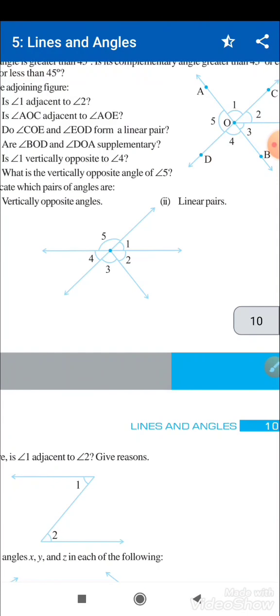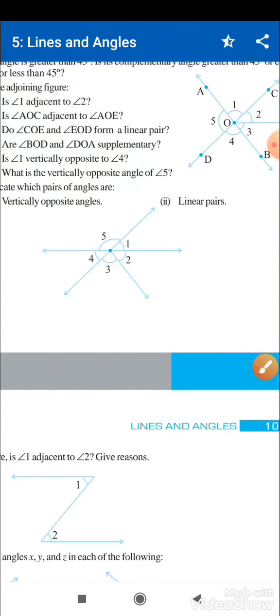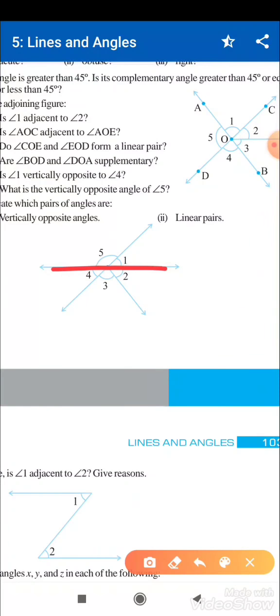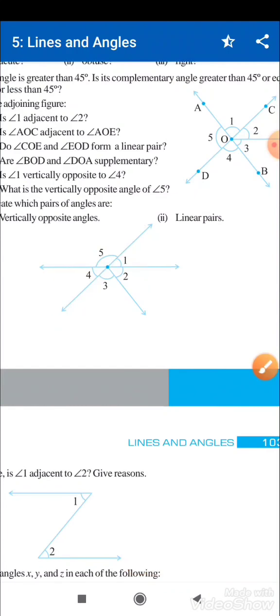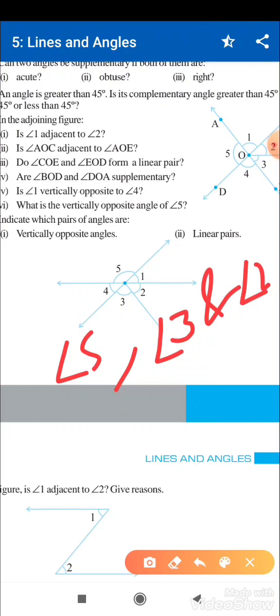It is clear from the figure that angle 1 is vertically opposite to angle 4, and angle 5 is vertically opposite to angles 2 and 3.